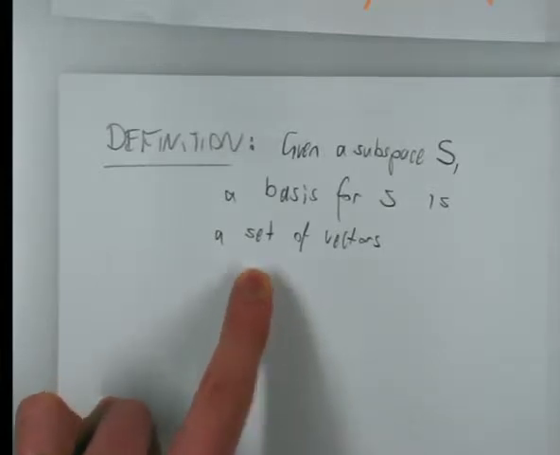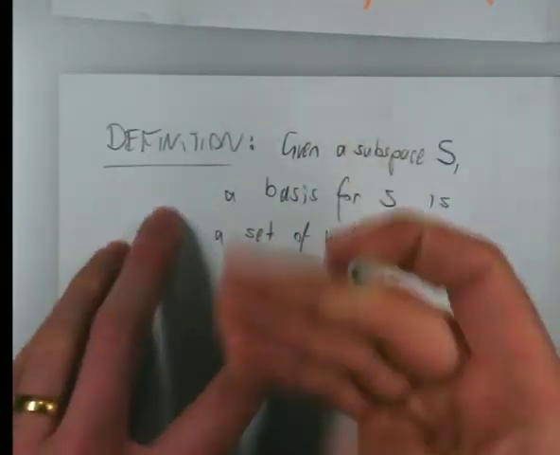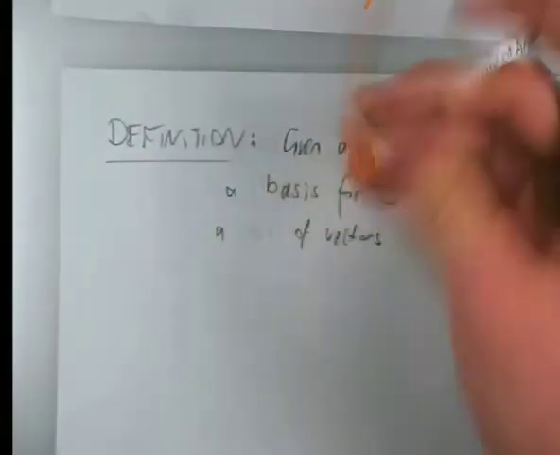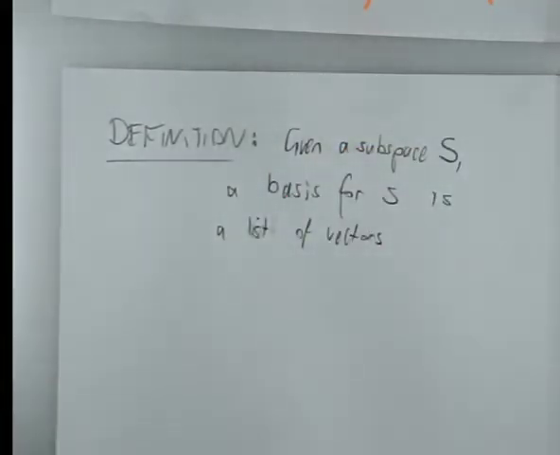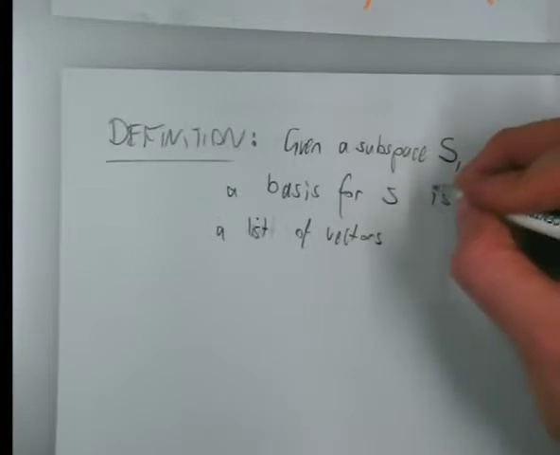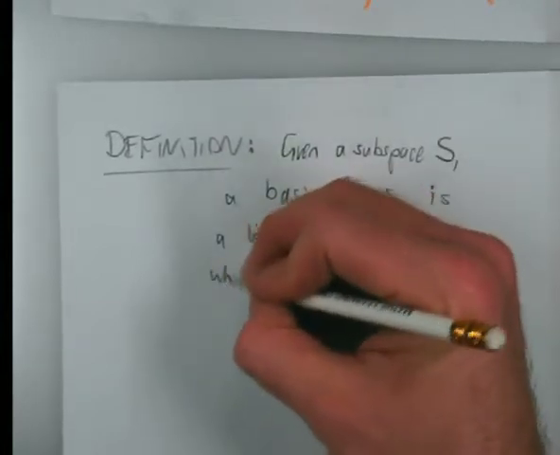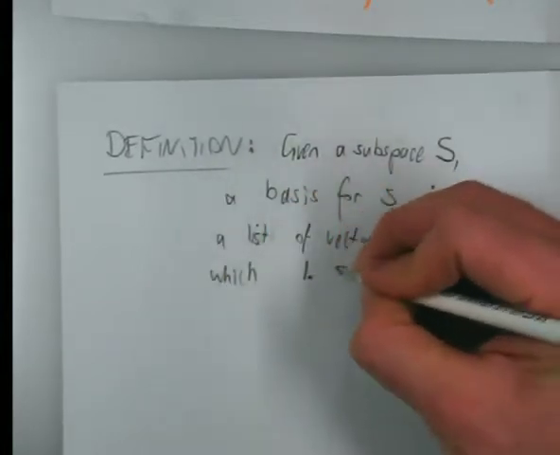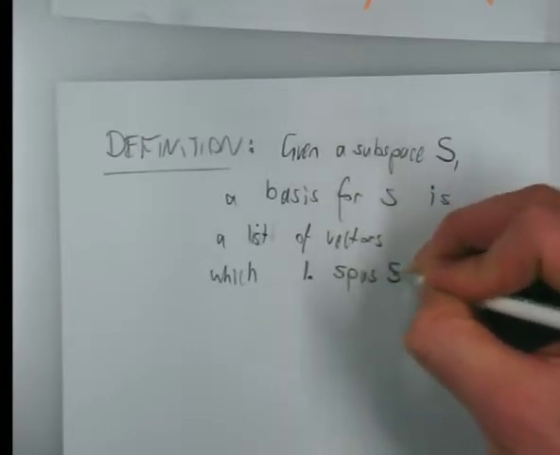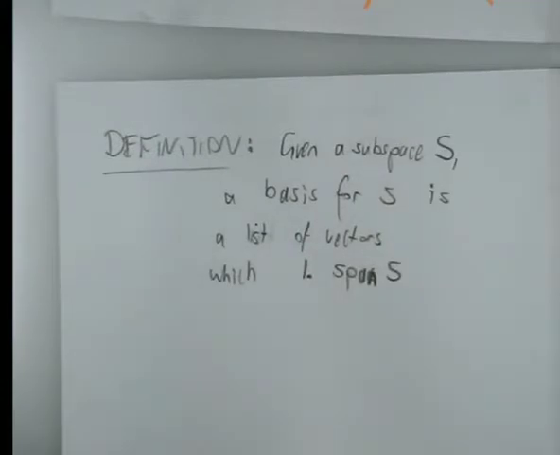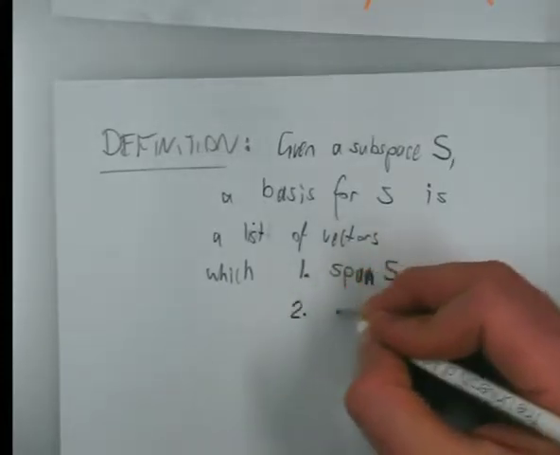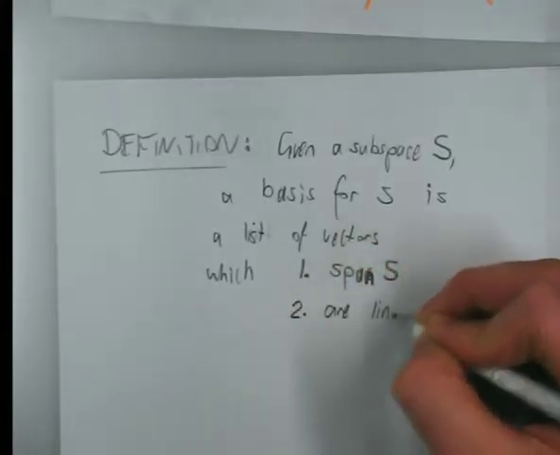So you are allowed to use the word list if you like, just to remind you. So it's a list of vectors which, 1, span S, which means that S is the span of the vectors, and 2, are linearly independent.